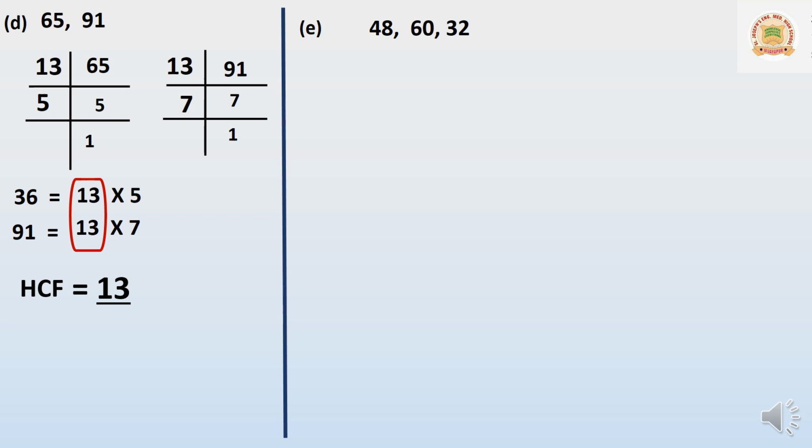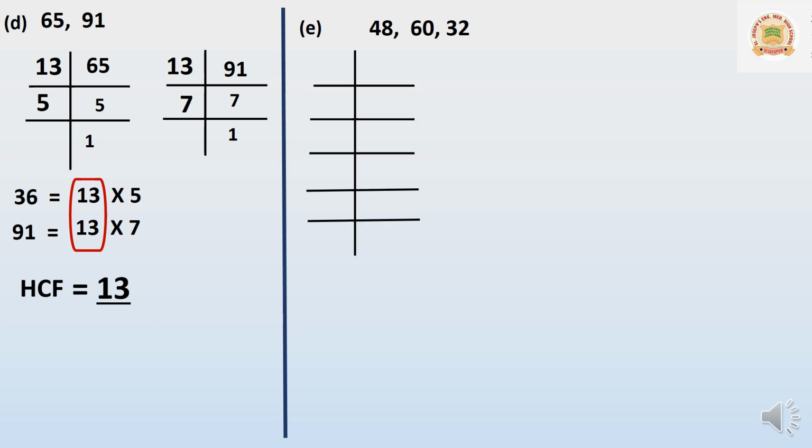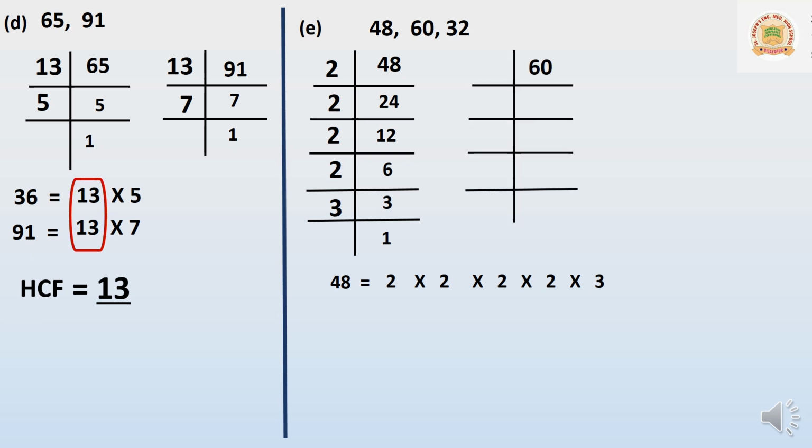Let us do the E question, children. It is 48, 60, 32. 48, 2 24s are, 2 12s are, 2 6s are, 2 3s are, 3 1s are. 48 is equal to 2 into 2 into 2 into 2 into 3. 60. 2 30s are, 2 15s are, 3 5s are, 5 1s are.